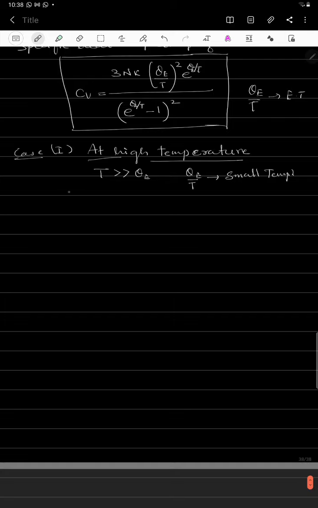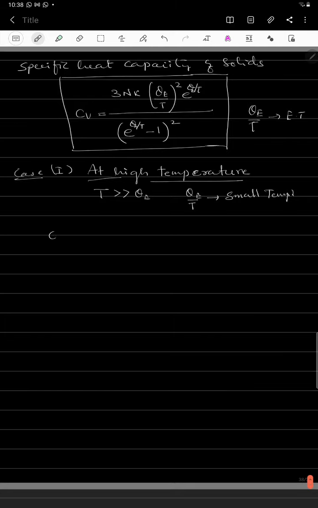So here, if we use the specific heat capacity expression, we can write 3nk (θE/T)², and the exponential term we can expand as 1 + θE/T + 1/2 (θE/T)², and so on.